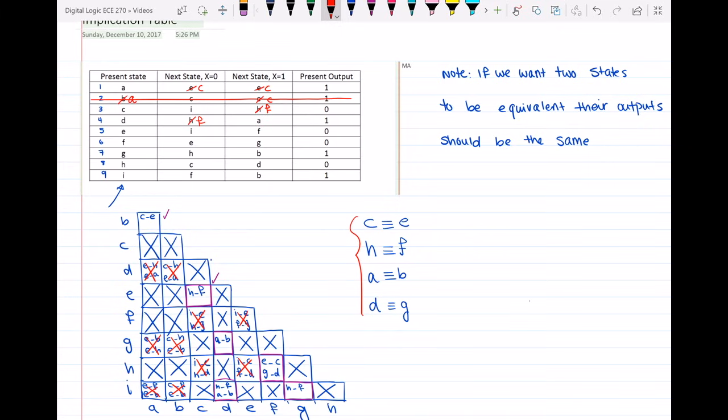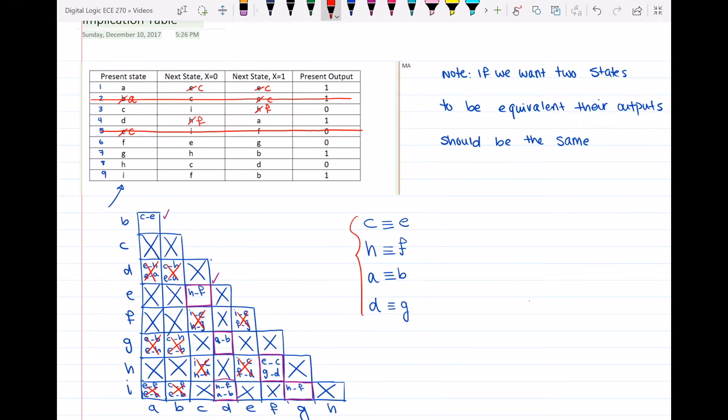Then we have state E, so we substitute E by C, I remains, and then we have F. So clearly, rows 3 and 5 are the same right now, so I'm going to cross this one out, right?